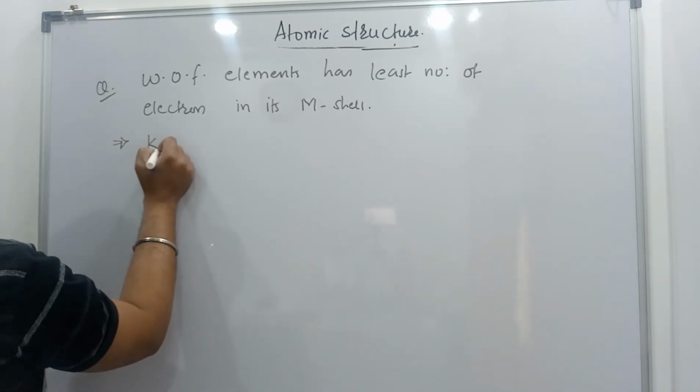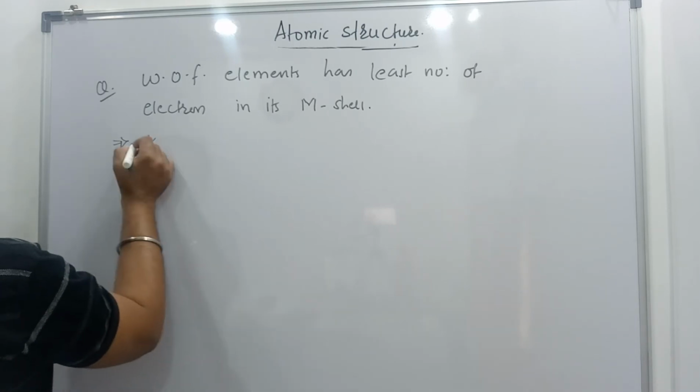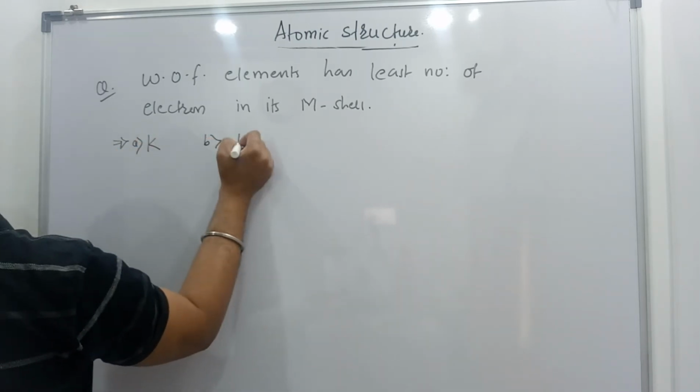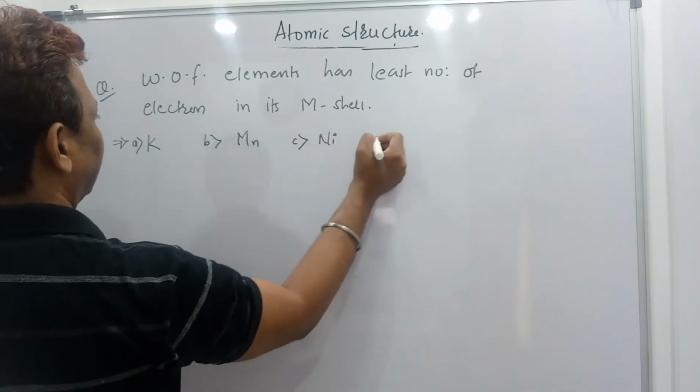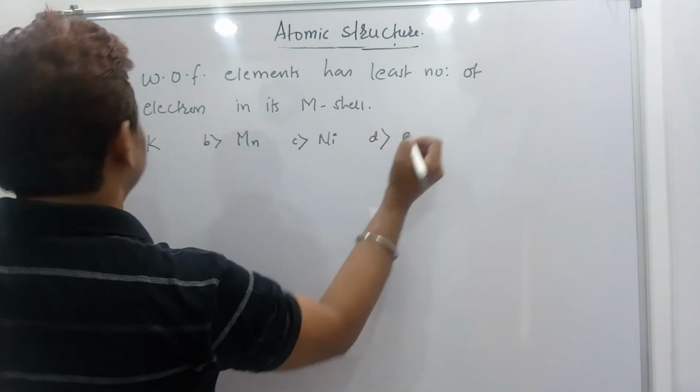The first one is K, the second one is Mn, the third one is Ni, and the fourth one is scandium.